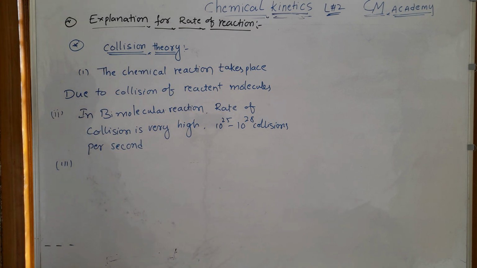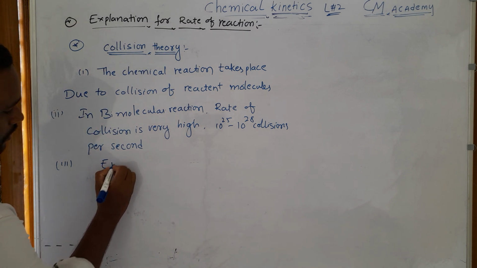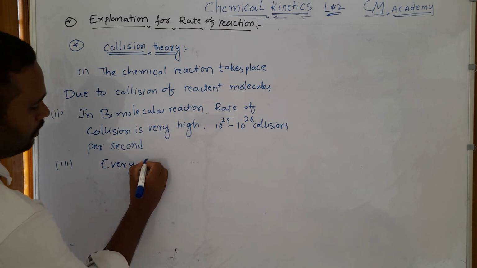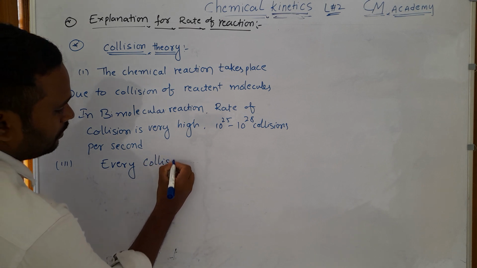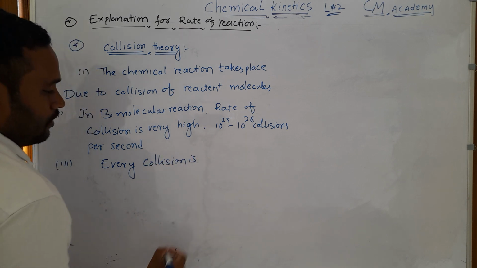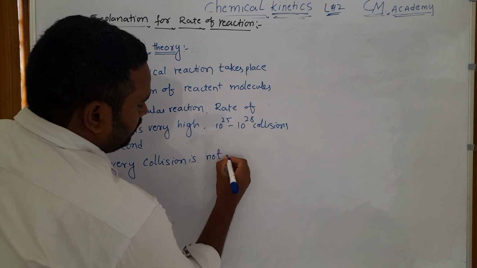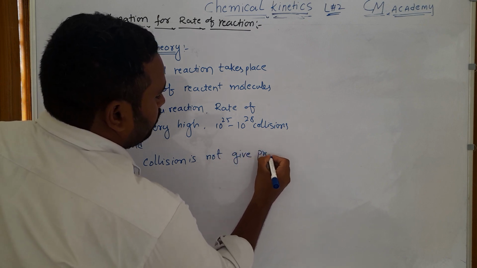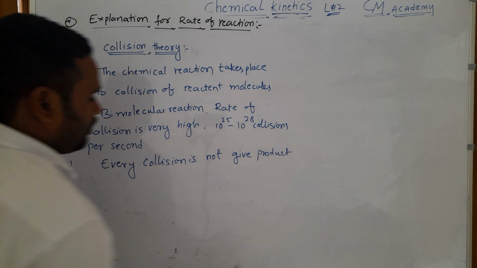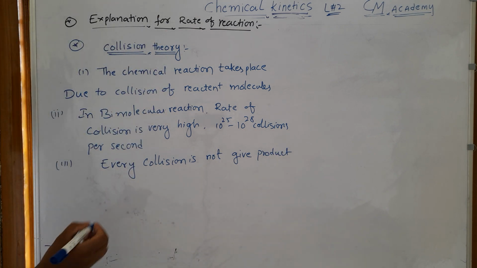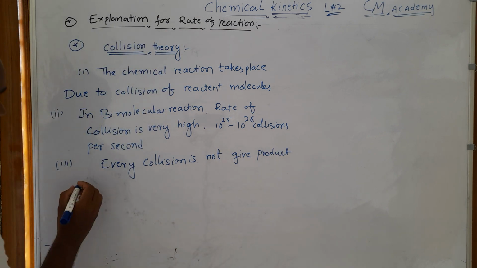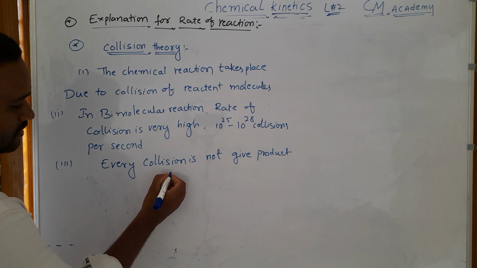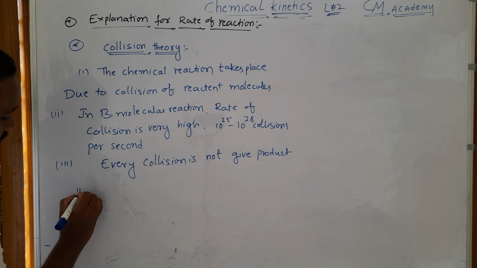Every collision does not give product, and only a few collisions give the product. The collisions which give the product are called effective collisions. So collisions are of two types.